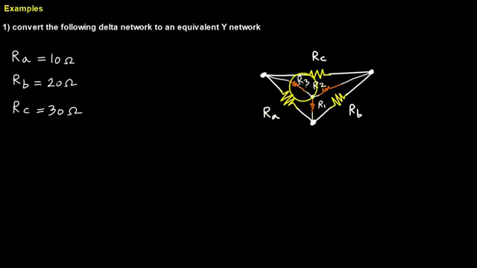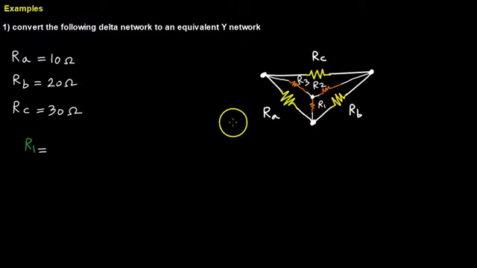So let's start with R1. How would you go about this? We said it's going to be the product of the adjacent resistors in the delta network over the sum of all the delta network's resistors.